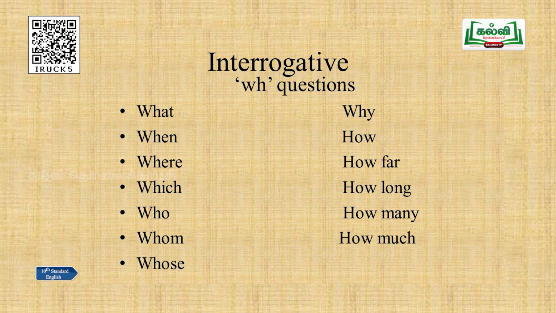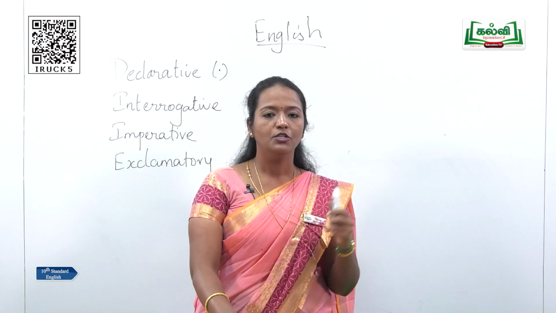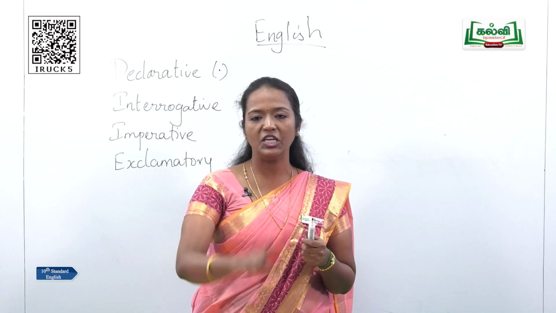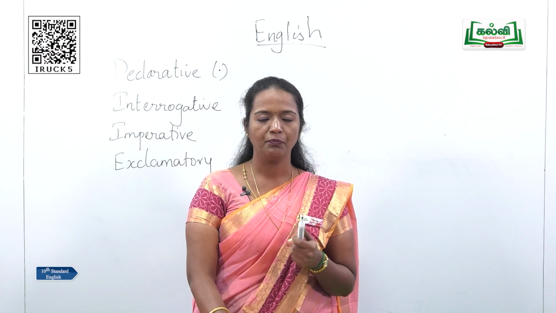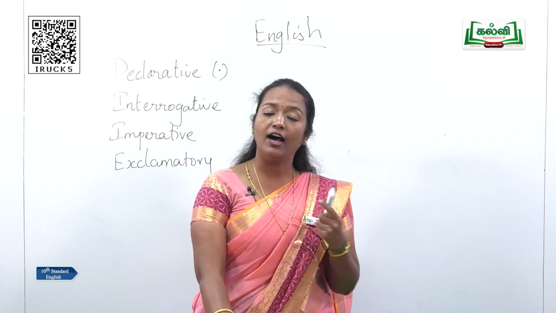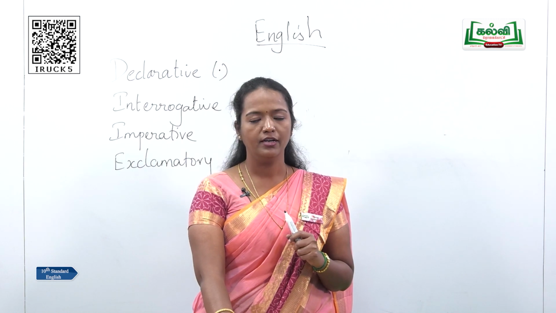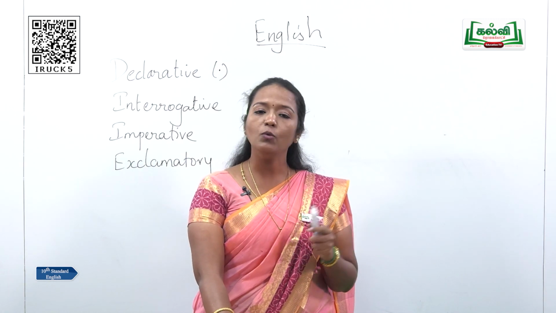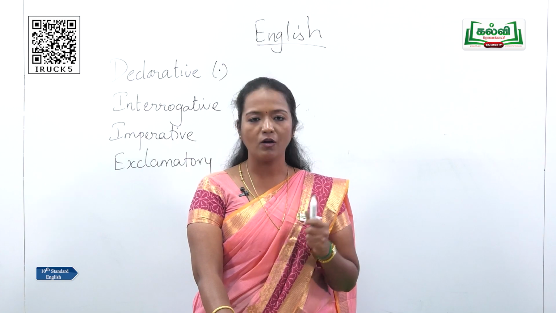What, when, where, which, who, whom, why, how far, how long, how many, how much. So these are WH question words. So when you ask questions using a WH word, then the answer would be in a sentence. And the other type, yes or no type. So for that, you will have to know what are auxiliary verbs.